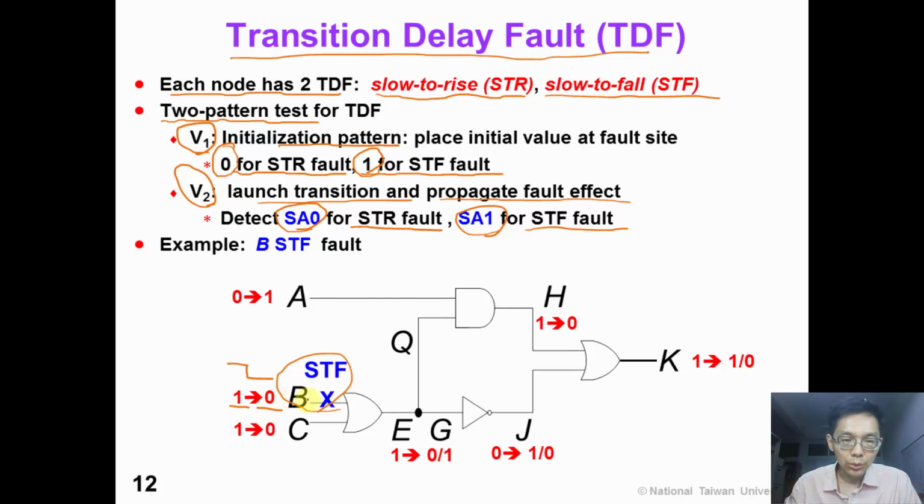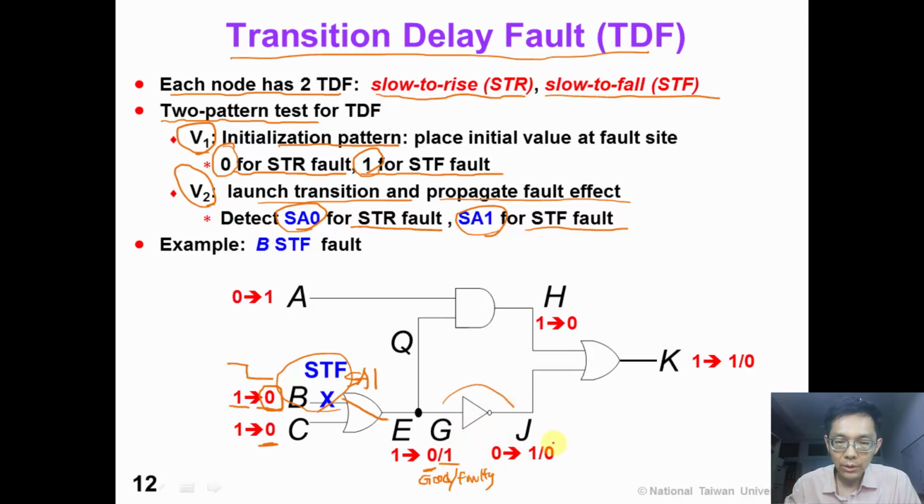And we need to detect a stuck at 1 in the second pattern. So C must be 0, and we propagate this effect. For the output of the OR gate, a good value should be 0 and the faulty value is 1.